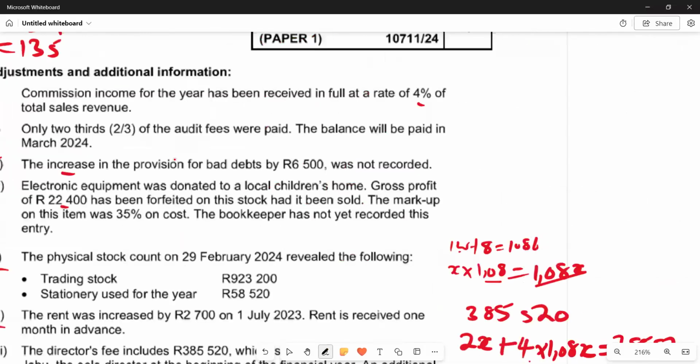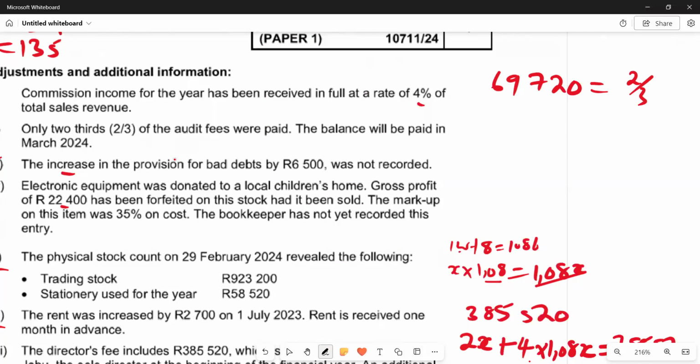So 69,720 is the figure that we have. And then we are told that 2/3 of the audit fees were paid. So this is representing our 2/3. So the 1/3 is missing, which means it's an accrual.